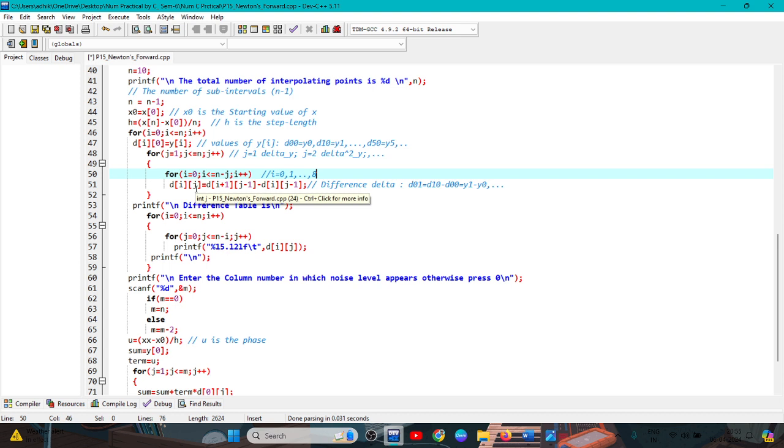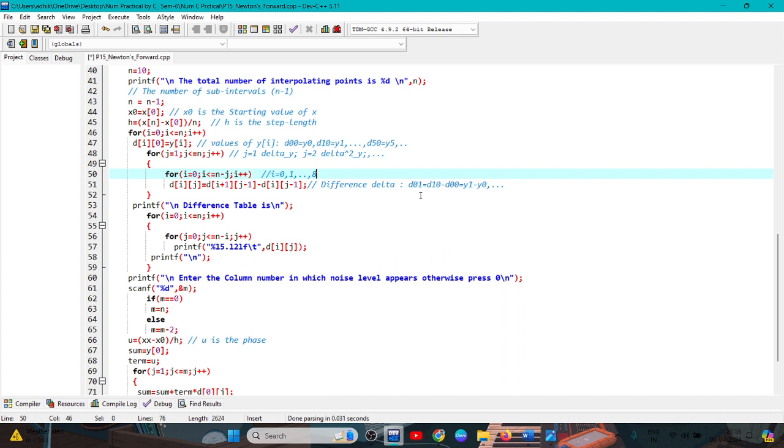So we get d01 equal to d10 minus d00. d01 is the delta difference, where d10 is y1 and d00 is y0.